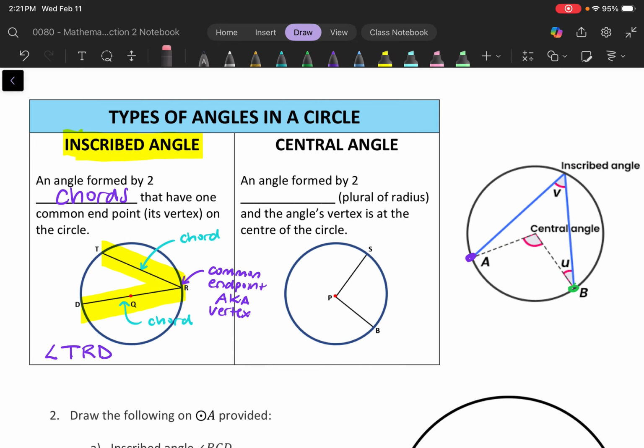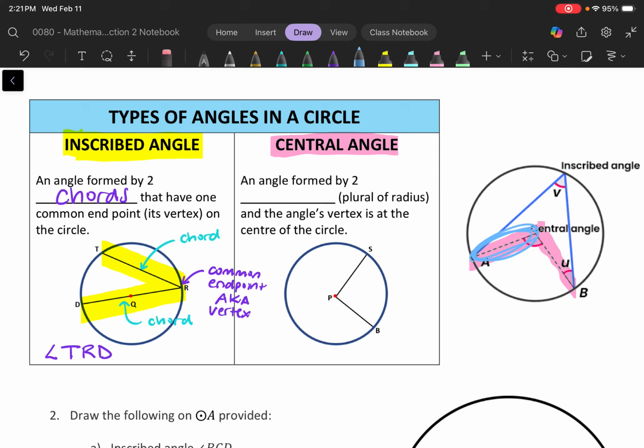Okay, taking a look at a central angle. Let's see what I've got. I've got this guy here. Now, I can tell it's different from an inscribed angle. How do I know the difference? Well, first of all, I don't have 2 chords because this first guy is not a chord. It goes from the edge to the middle, not the edge to an edge.